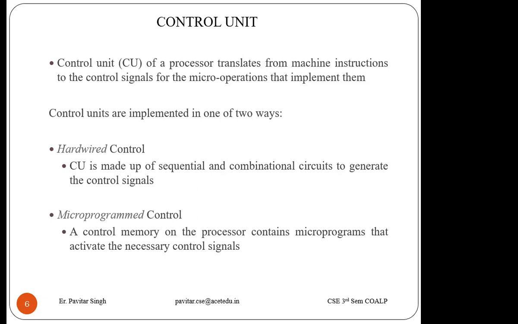You need to change the gates, check the sequential circuit, check the combinational circuit if any error occurs. But in case of microprogramming CU, you just need to change your program. Small efforts are required to change the microprogram, but huge efforts are required to change the circuitry. So these are the main differences between hardwired and microprogrammed CU, right? Any doubt till this point?